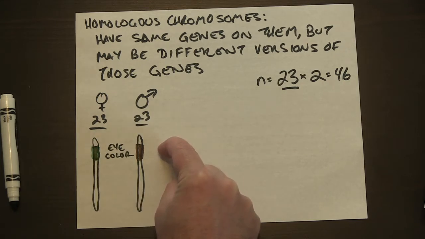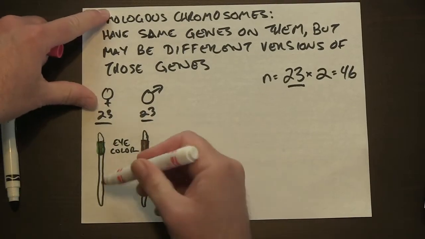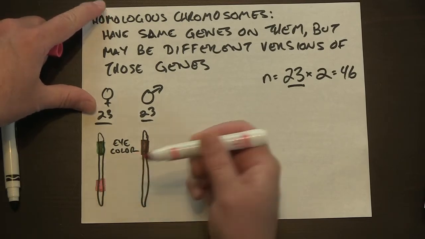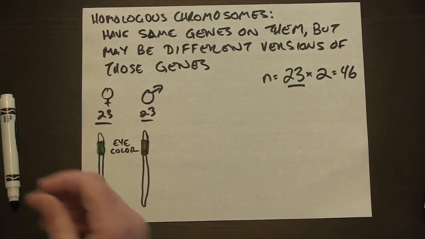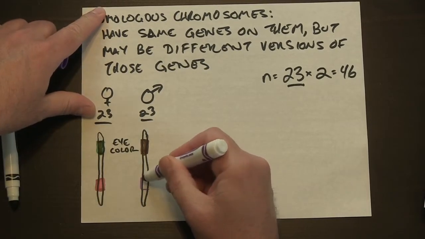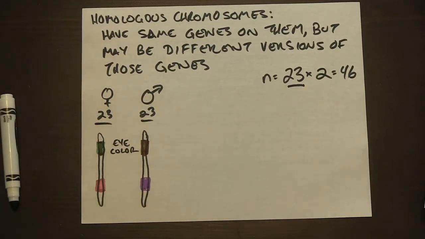We talked about the whole earlobe thing. So let's say your mom's chromosome has the gene for the earlobes being attached, and your dad's chromosome has the gene for your earlobes being not attached. Okay? So, again, same genes.